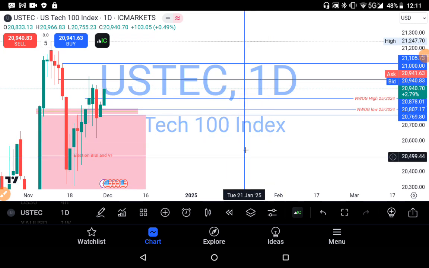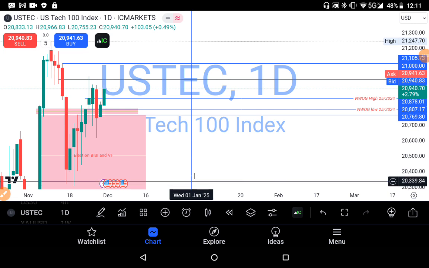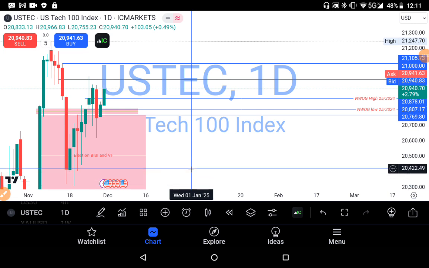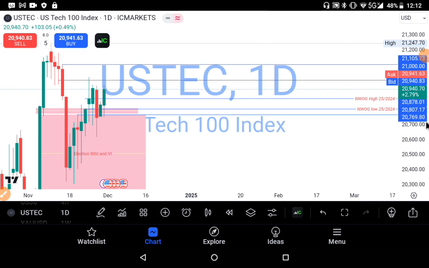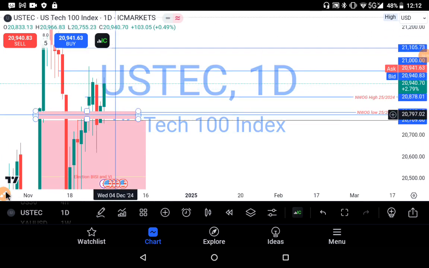And also 21,000 should be revisited, then 21,105. So the only level I'll be interested in for retracement should be this.